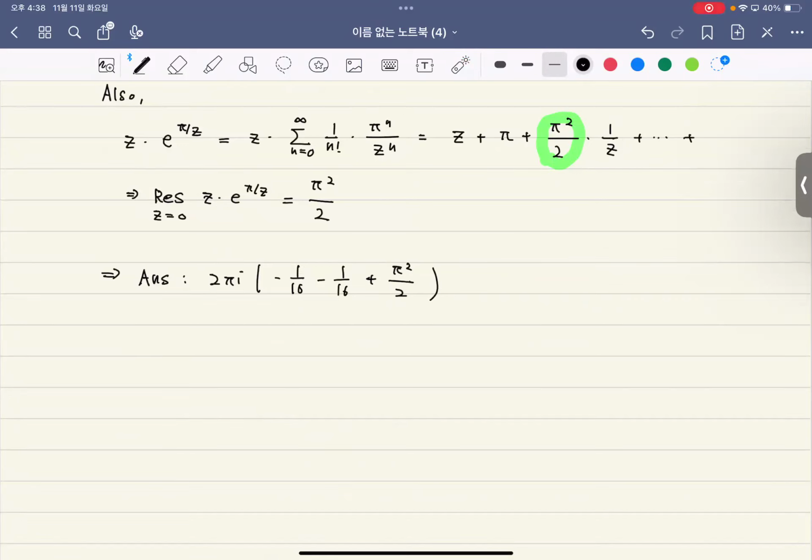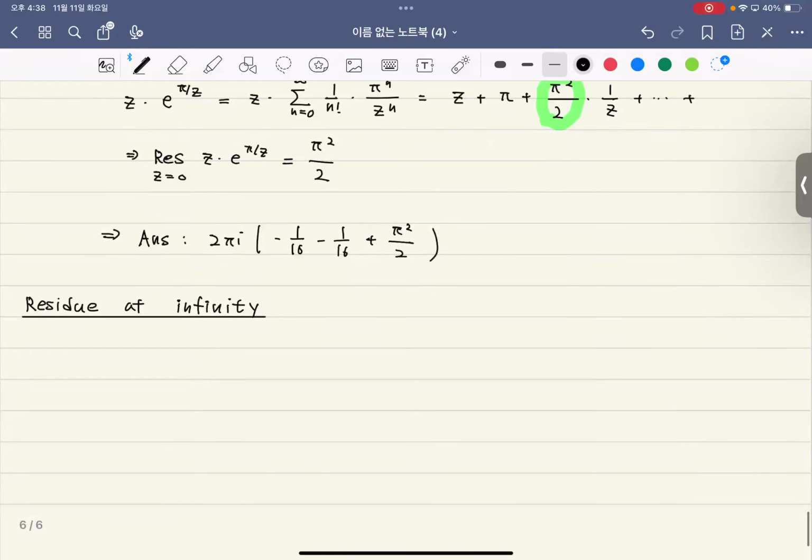Finally, I want to talk about the residue at infinity. Okay, so we consider this scenario.